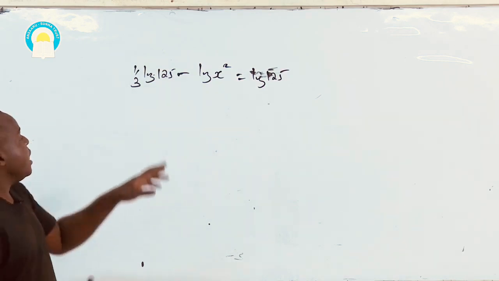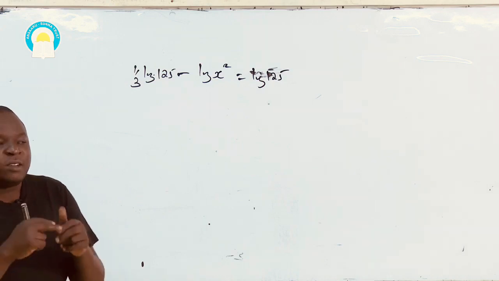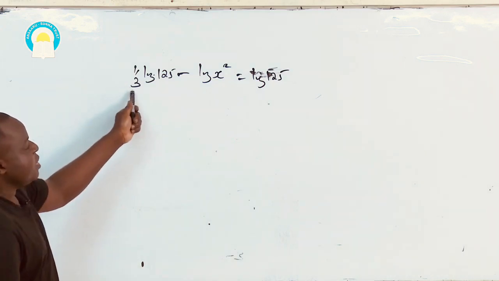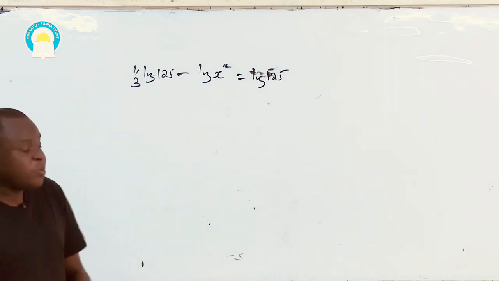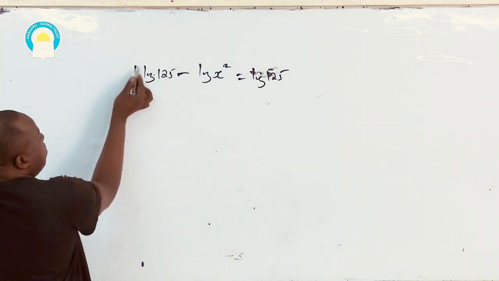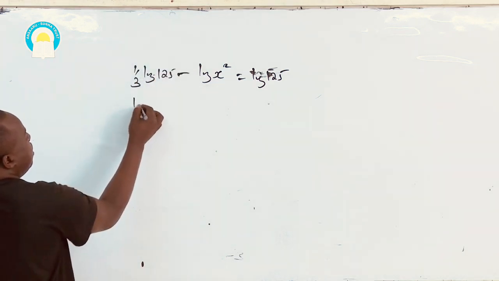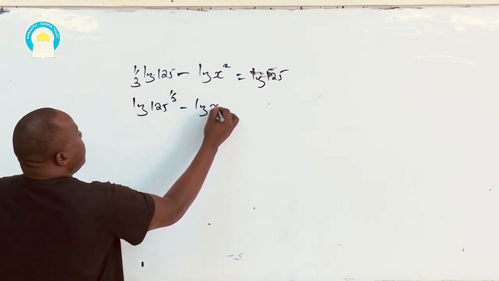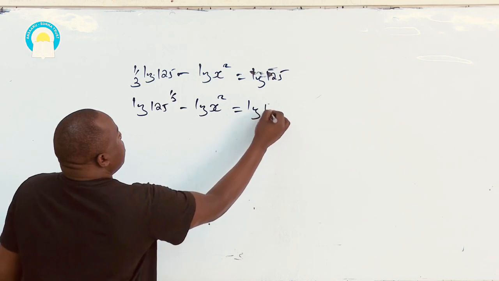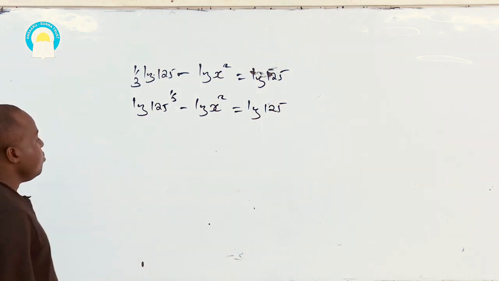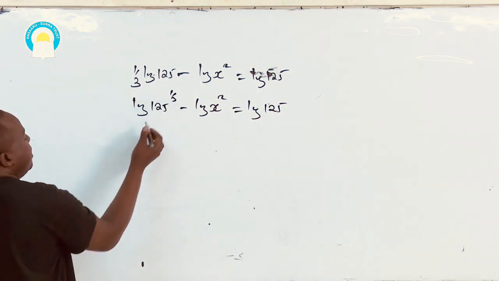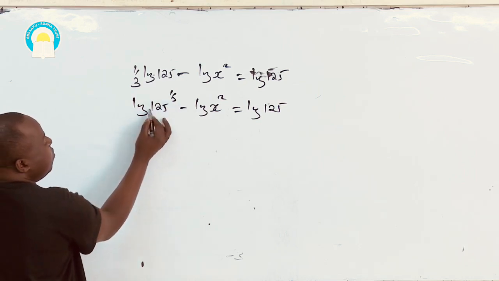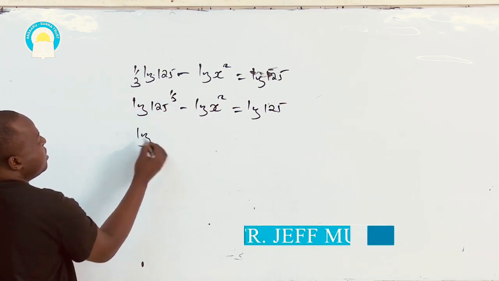Number 2 was, any place there is a coefficient, get rid of the coefficient. I can see a coefficient here, so that's the next thing that I should do. How? The third law: this has to go back. So it will be log 125 raised to a third minus log x squared equals log 125. If I simplify this, it means the cube root of 125, which is the same as 5.